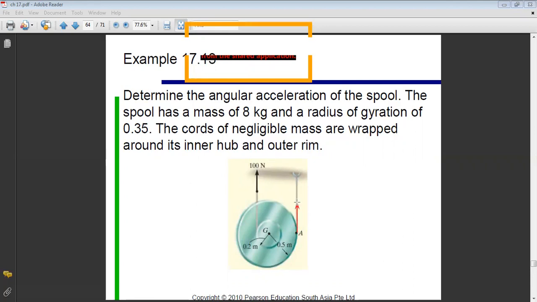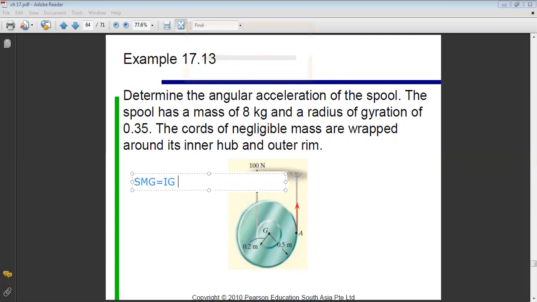Sum of moment of forces. Yes, we also need to do sum of y equals MAG. So if we choose to do sum of moment about G, what will be the equation? Sum of moment about G equals IG times alpha. And what are the moments here?